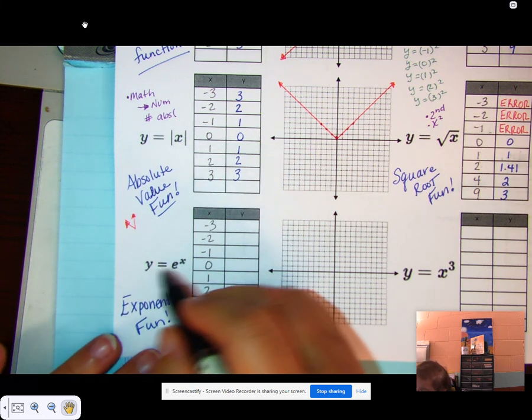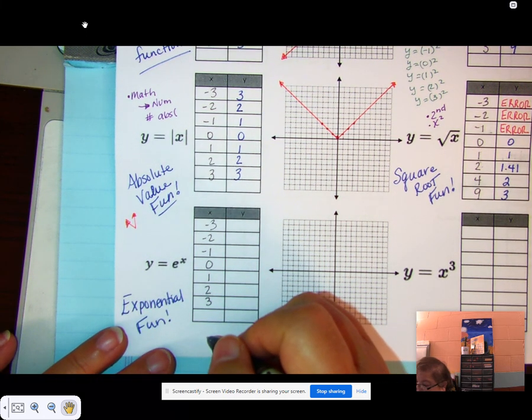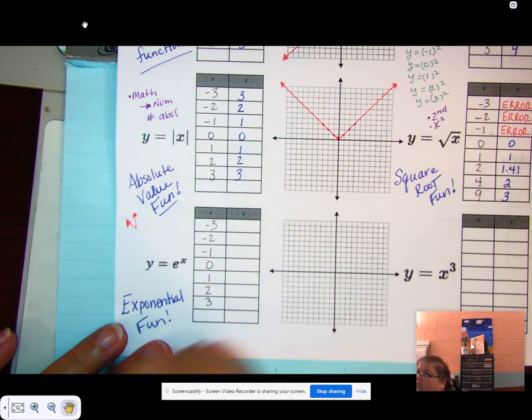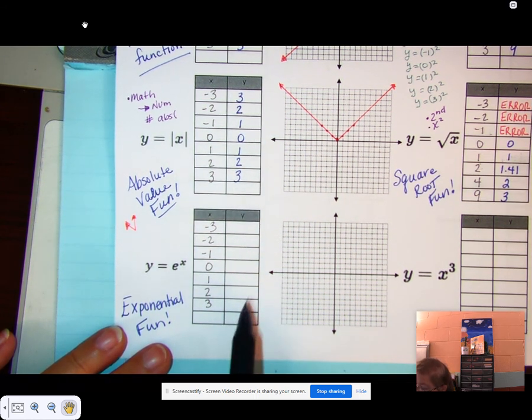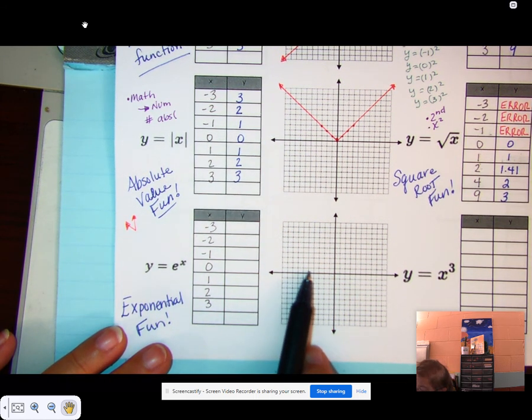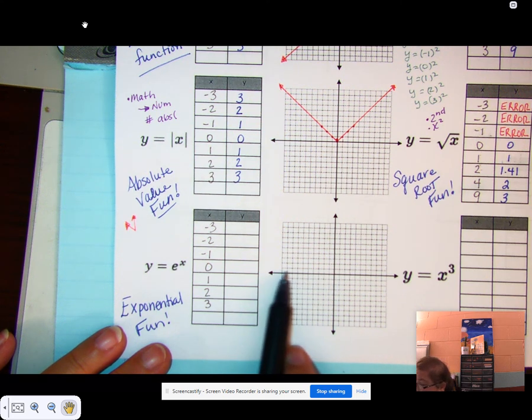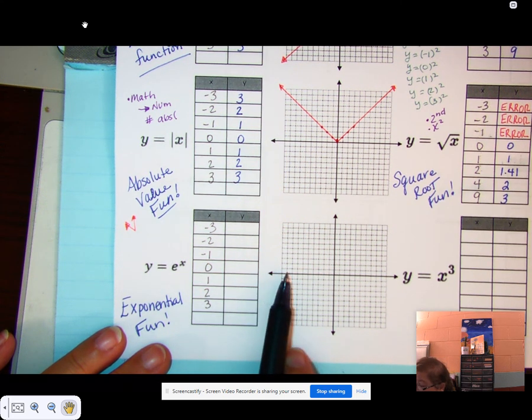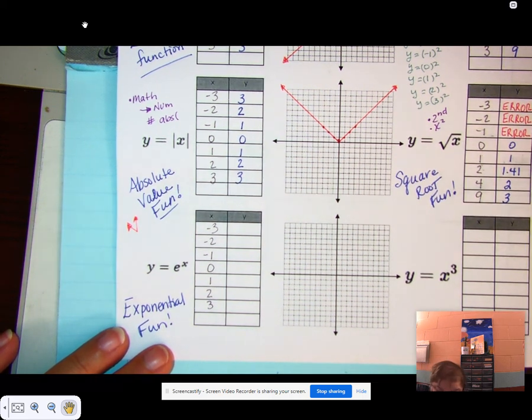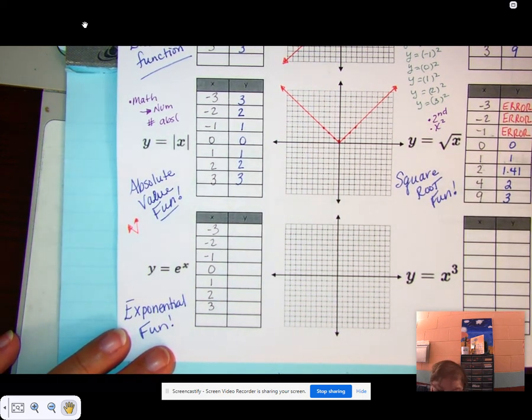Now, the thing about exponential functions is when you graph it, it never intersects the x-axis, ever. It never gets there. It gets really, really close, but it never gets there. Okay, so let's look and see what that means.